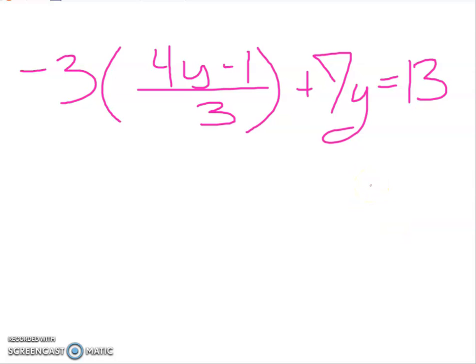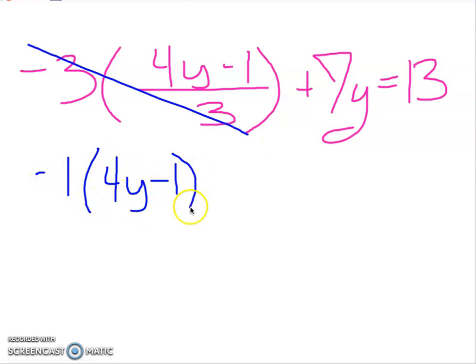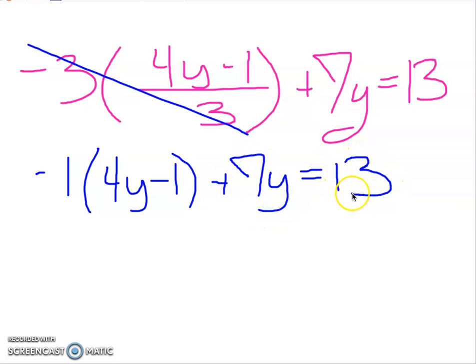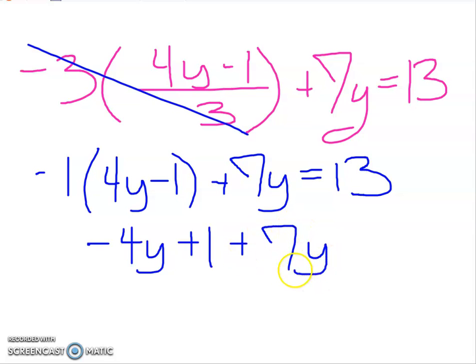All right, so now we're going to deal with the negative 3 and the 3. I'm actually going to cancel those out and make that a negative 1 times (4y minus 1) plus 7y equals 13. Because 3 divided by 3 is 1, and we have to keep the negative sign so it becomes a negative 1. So we have negative 4y plus 1 plus 7y equals 13.